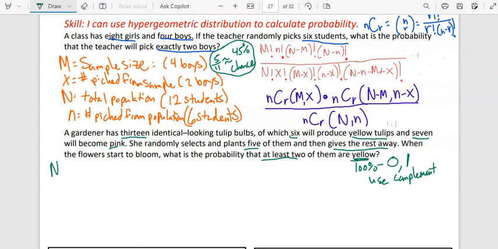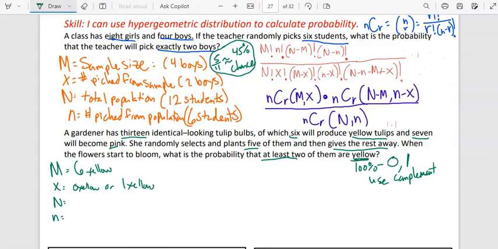Let's identify our values, m, x, capital N, and lowercase n. The sample size we want is yellow, so that's 6 yellow. X is how many are picked from the sample, we're either going to do 0 yellow or 1 yellow.